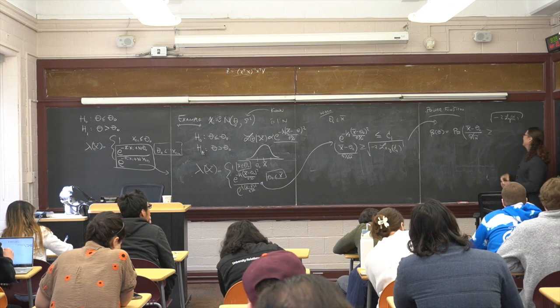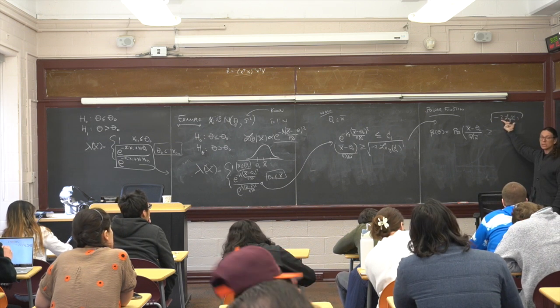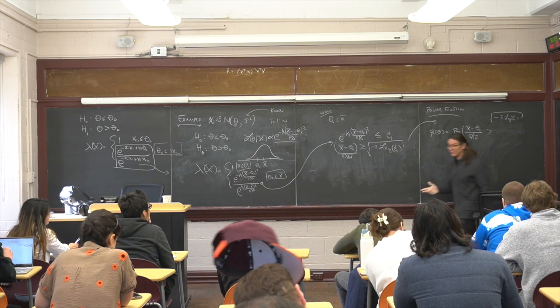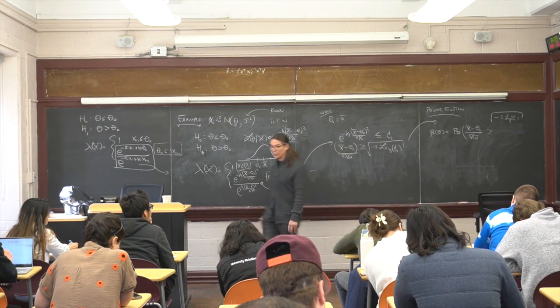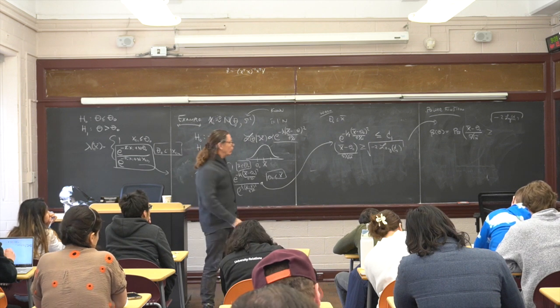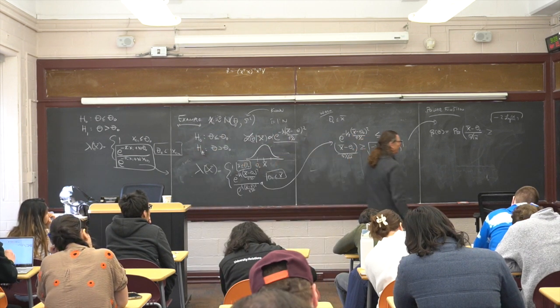But I don't like thinking about this number. I just know it's some number. So again, it's just a constant. It's some thresholding value. You pick it. So if you pick c, this is just some other number.